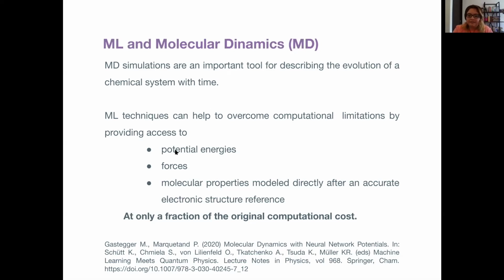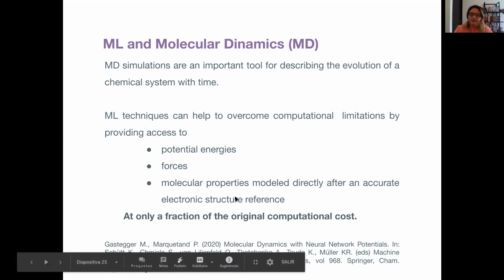So all these things, the potential energies and the force field, are very hard to compute, and sometimes the potential energies should be computed each time we run a molecular dynamic. What machine learning tries to do is automatically predict some of these values at only a fraction of the original computational cost.